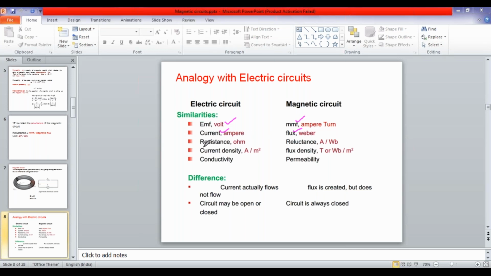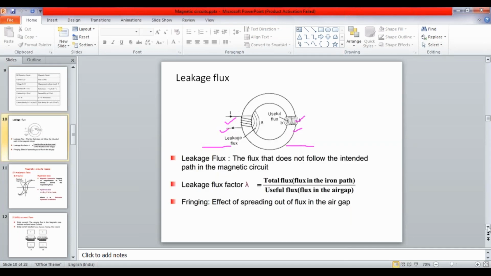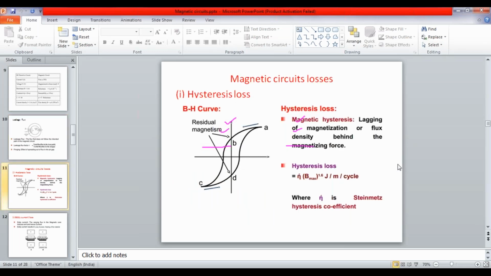Similar to resistance in the electrical circuit, we have reluctance in magnetic circuits, along with current density, flux density, etc. Now, we'll come back to our topic.